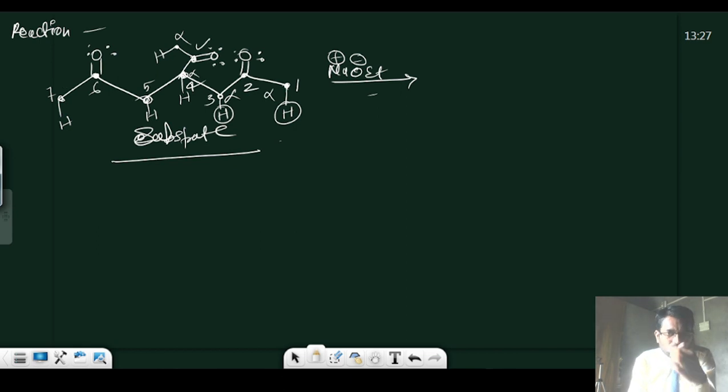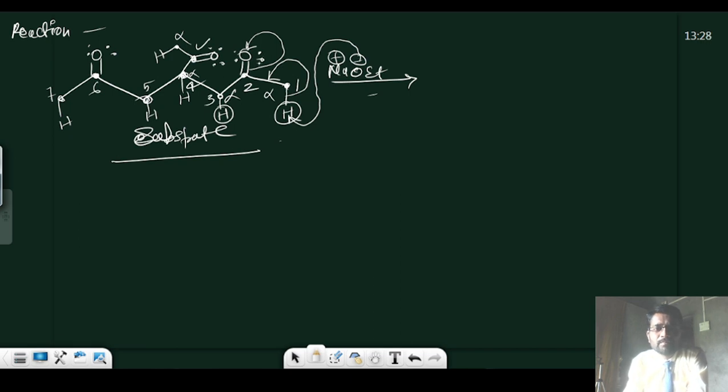When we provide the base, if it abstracts a proton from this side, then there is a formation of an enolate. A double bond forms over here, and at the same time this bond has to break, so it opens up like this.